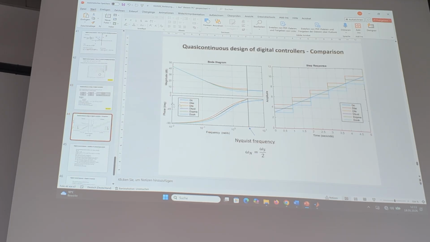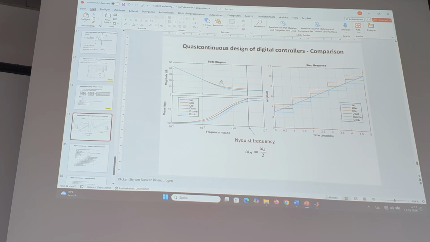In the end, all the methods are similar to each other, and if you decrease the sample time more and more down to 0, then actually they will merge to one common behavior, which you can see here in the Bode diagram for the controller.